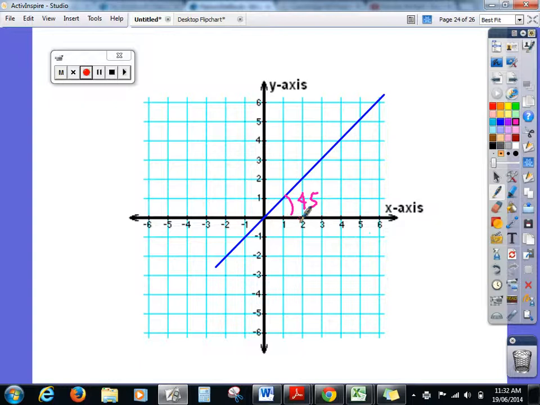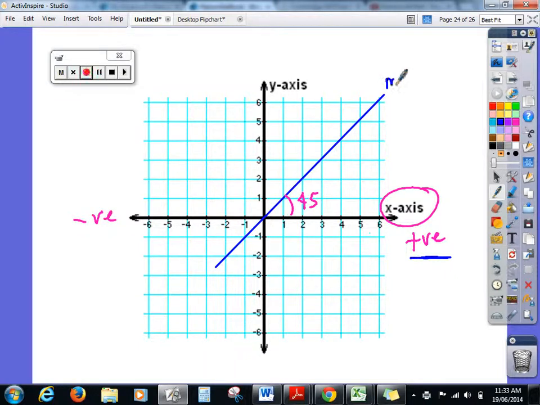I'm measuring it from the positive direction of the x-axis. Here's the positive end, and here is the negative end. I could have said it's making an angle of 135, which is this angle up in the back, but it makes more sense to measure it from the front end. So for lines sloping forward, we always measure from the x-axis up to the line.